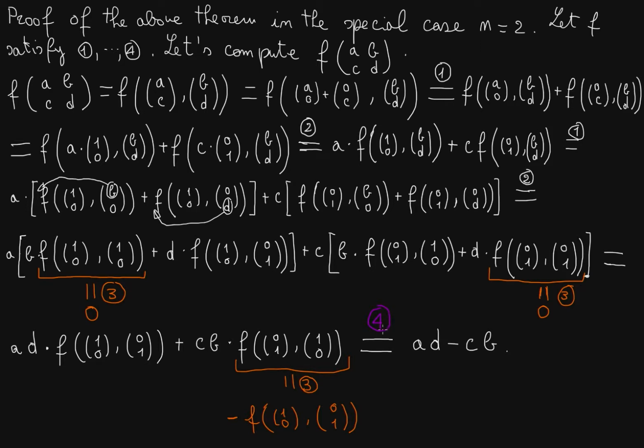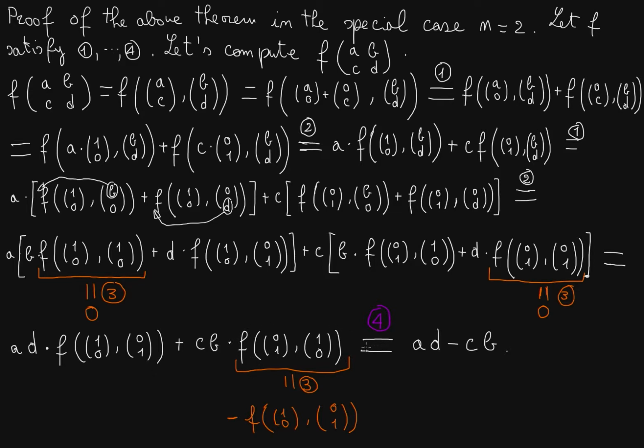Property 4 states that f of the identity matrix is going to be 1. So in this case, we precisely have the identity matrix. We have the column vectors of the identity matrix, (1, 0) and (0, 1). Therefore, this f equals 1, and this f equals minus 1.